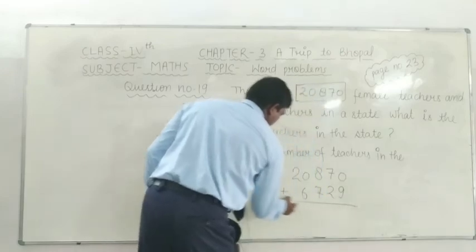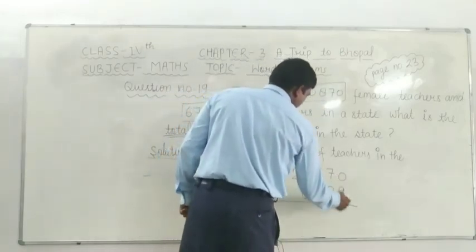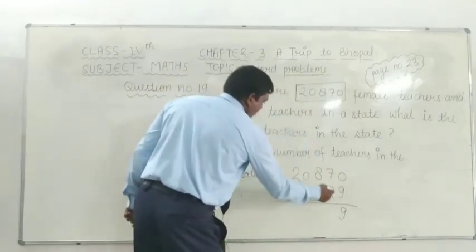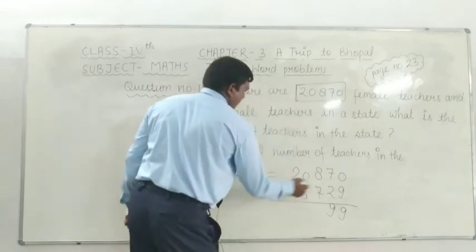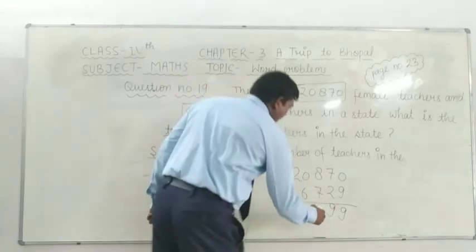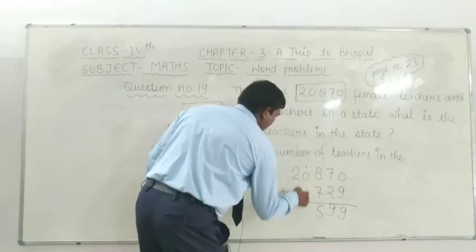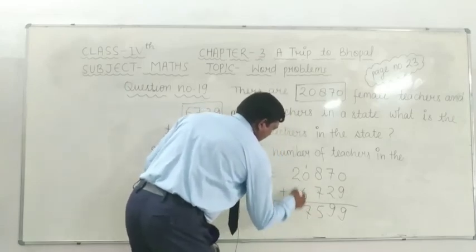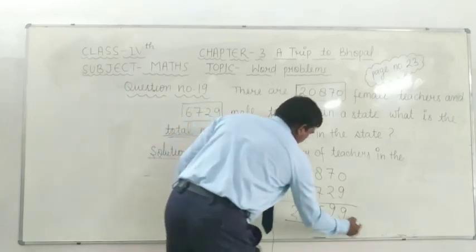After adding these, we get 0 plus 9 is 9, 7 plus 2 is 9, 8 plus 7 is 15, so 5 carry 1, 6 plus 1 is 7, and here we get 2 as same.